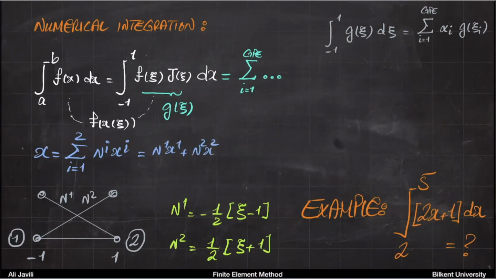Now, the Ns, you have them just down here. All you have to do is to use them here. So it's 1/2 c minus 1. And x1 is node 1 in the physical space. So node 1 in the physical space is 2. Node 2 in the physical space is 5, right?